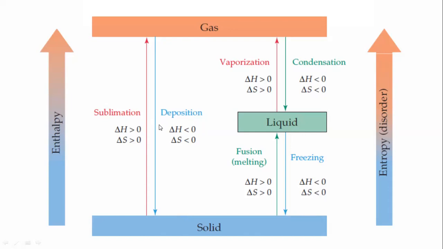That means heat is released, so delta H must be less than zero. And when gas, which is in a more disordered form, is converted into solid, that means a more ordered form, the change in entropy is a decrease. Change in entropy is a decrease, meaning it must be less than zero.